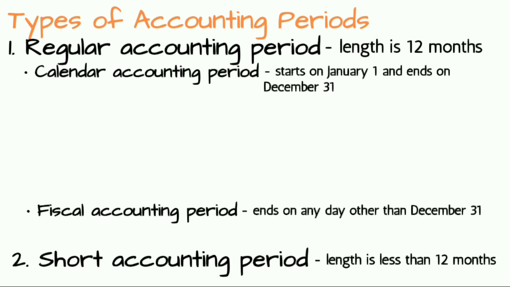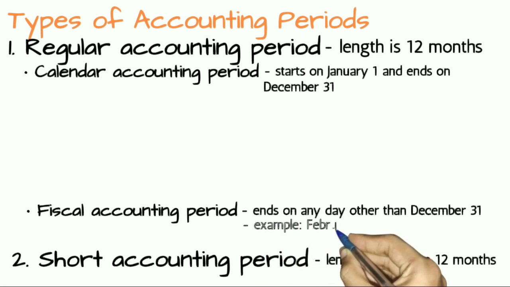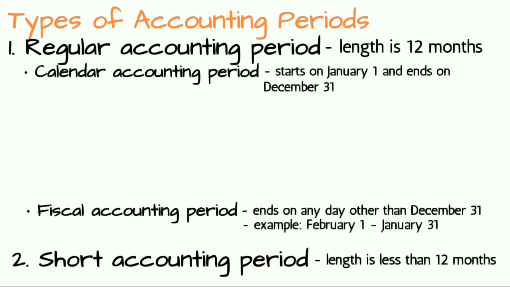Matatapos yun ng January 31. Kung nag-start siya ng February 1 at magtatapos siya ng January 31, 12 months pa rin yung length. Another example is kung nag-start siya ng March 1, magtatapos yon ng February 28, kung hindi leap year.